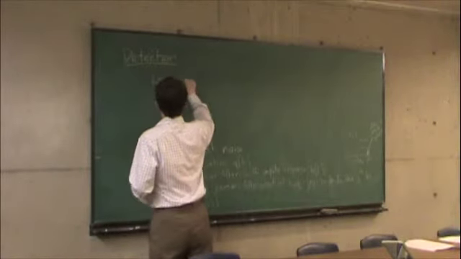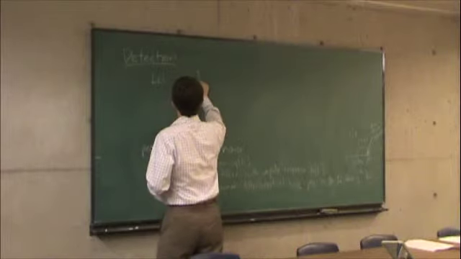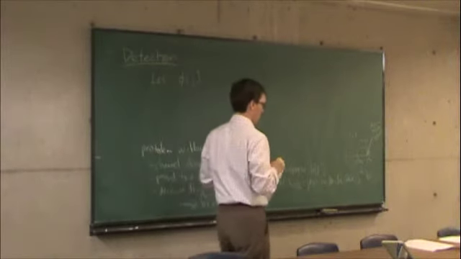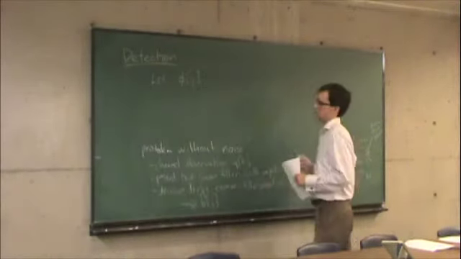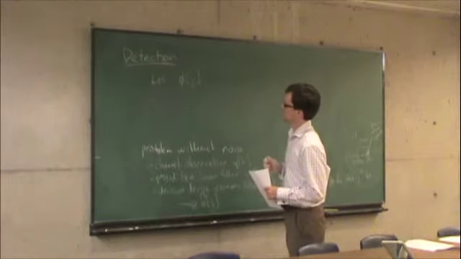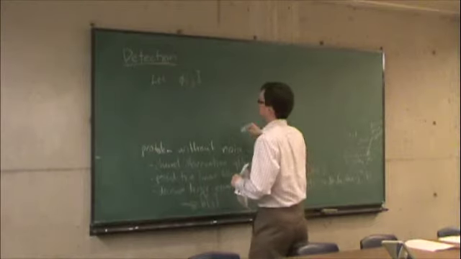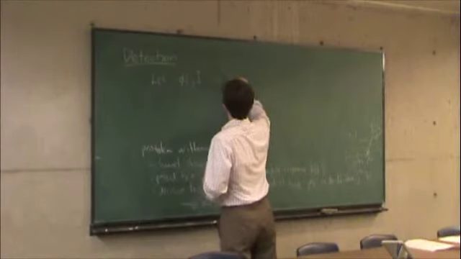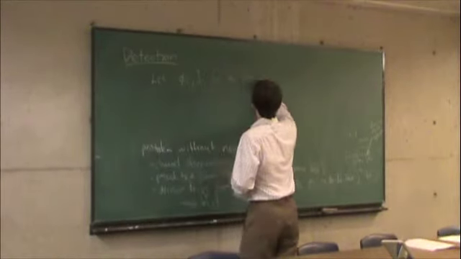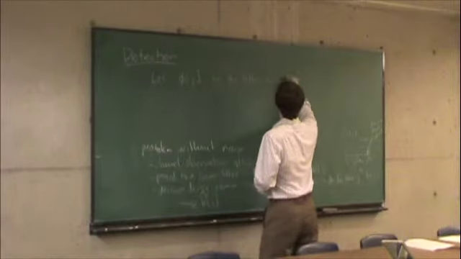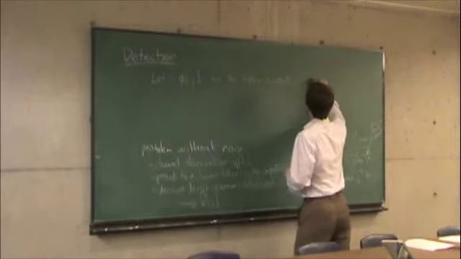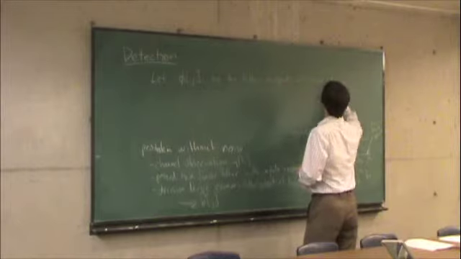Let phi of j be the discrete time function, excuse me, not a random process, representing the filter outputs at time j n_b.